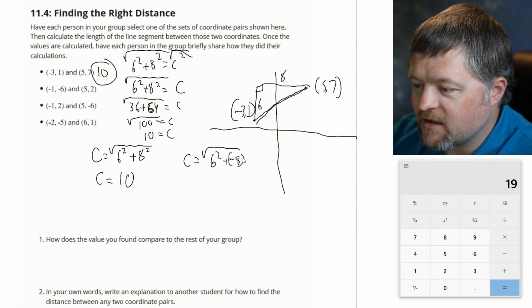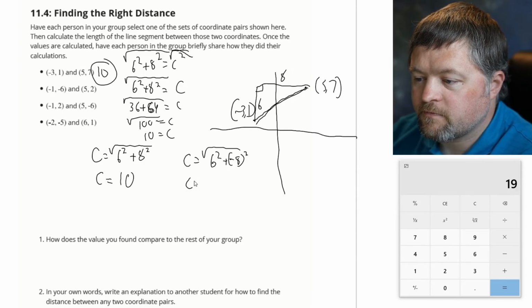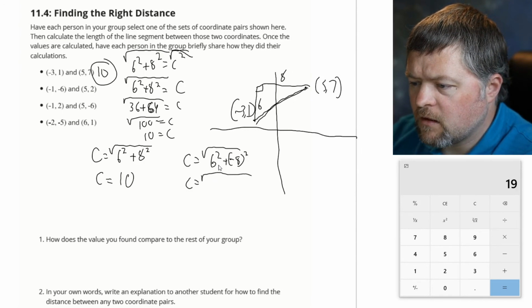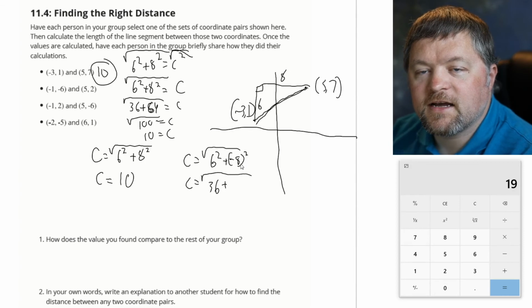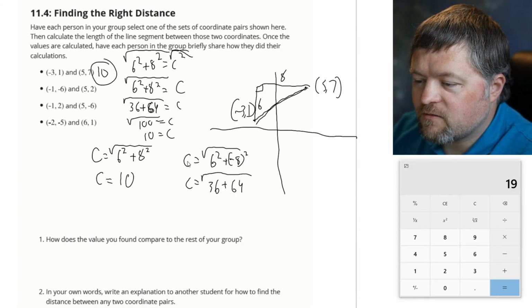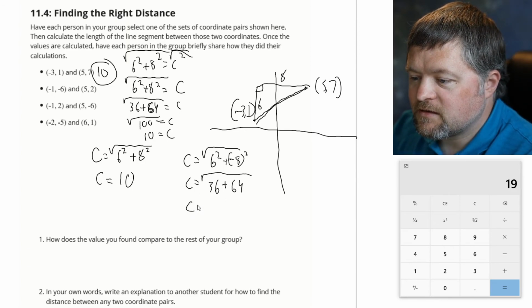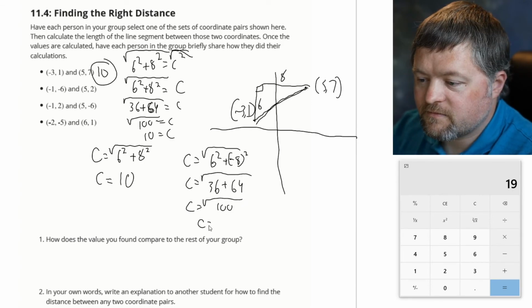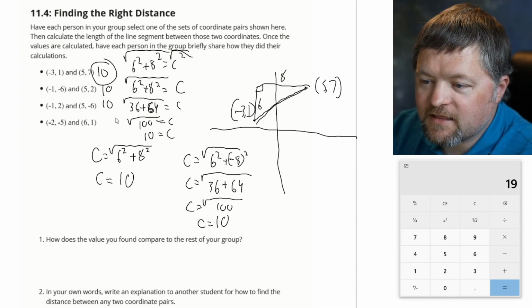That's -8 squared. Six squared is 36. What's -8 squared? A negative number times a negative number? That's 64. We already did that. C is the square root of 100 again. C's 10. That one was 10.